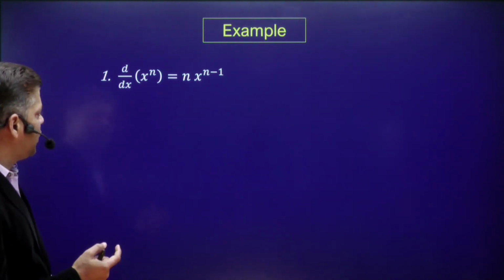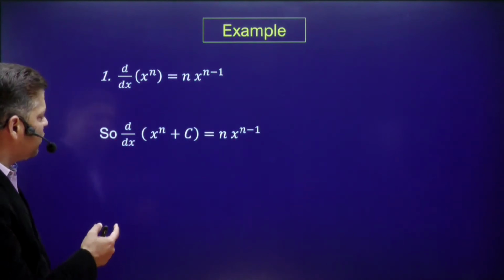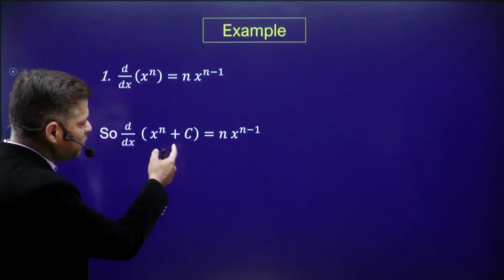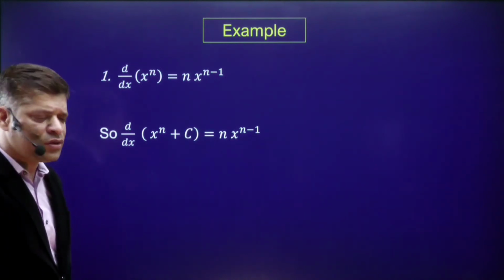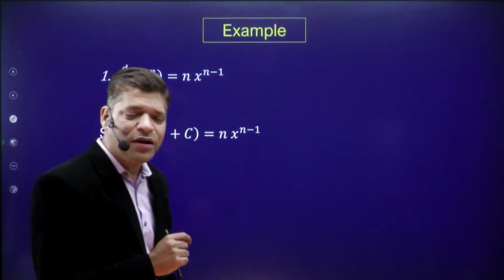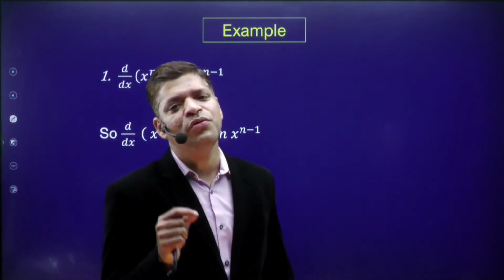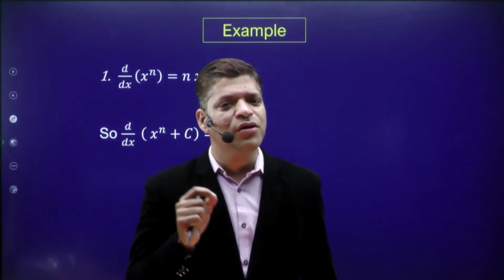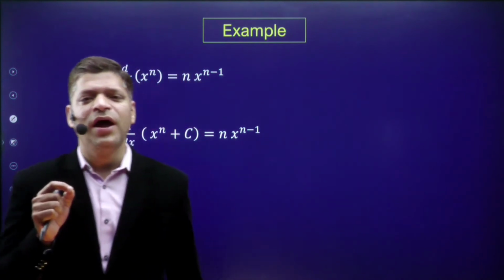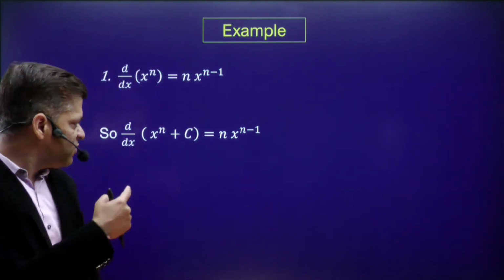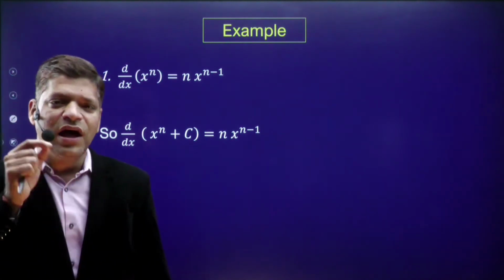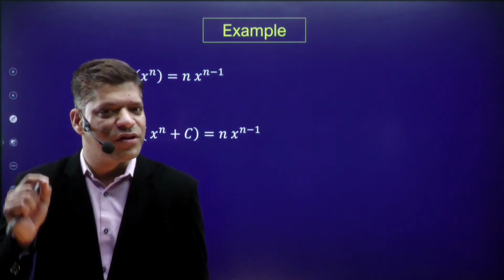Also, d by dx of x raised to the power n plus c is equal to n into x raised to the power n minus 1. The meaning is that when we add any arbitrary constant to the function x raised to the power n, we again get the same result.